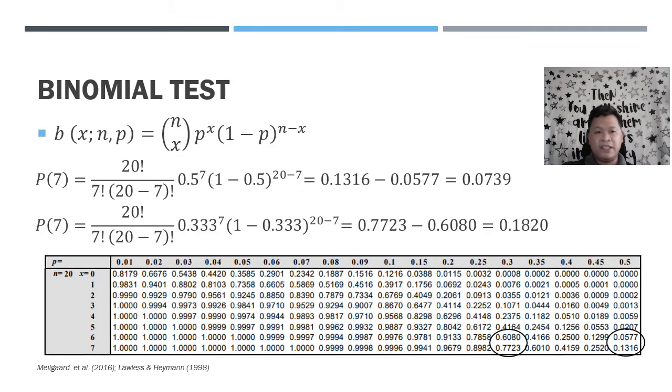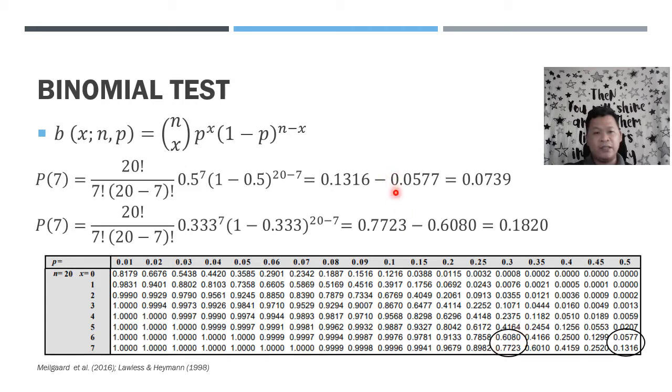Pag binomial test naman, of course, you use the binomial table. This one has n equals 20, and these are the number of correct responses. As usual, we subtract to get the probability at that point, you subtract the cumulative probability from the one lower. So, yung minus mo yun sa 0.6, yun sa 6.